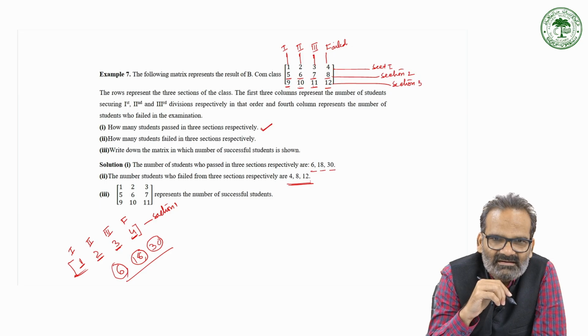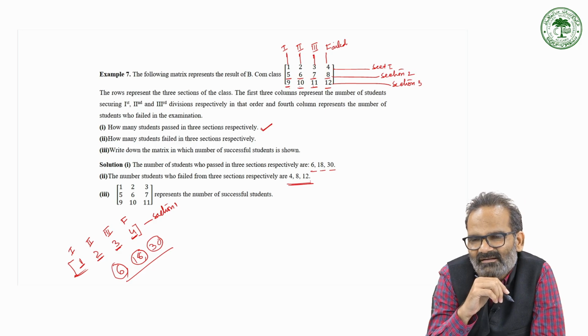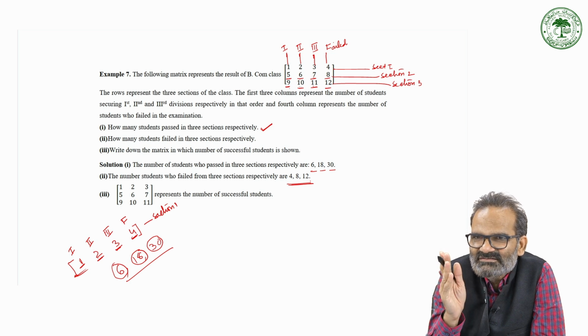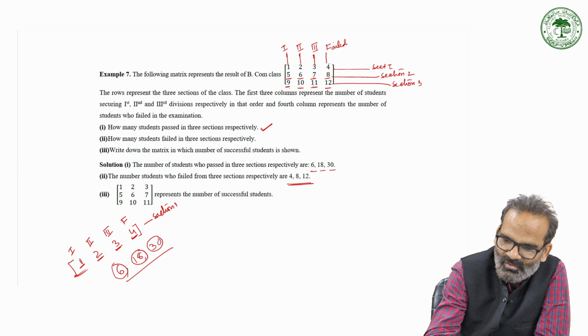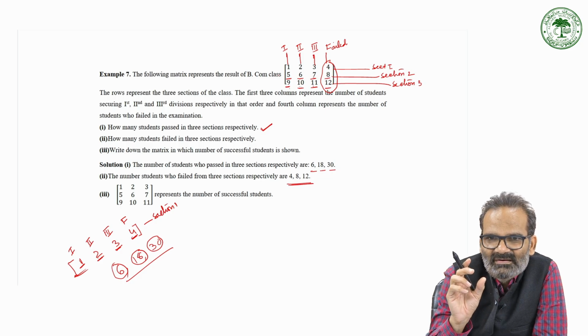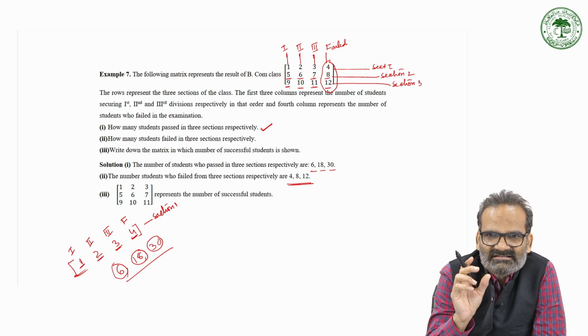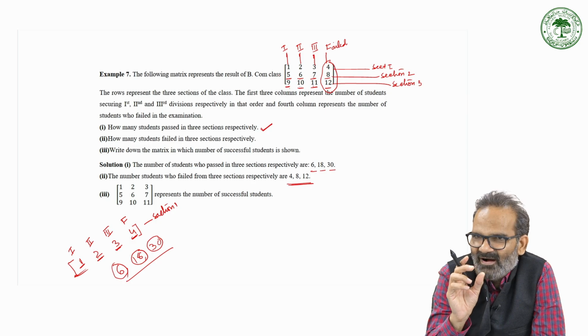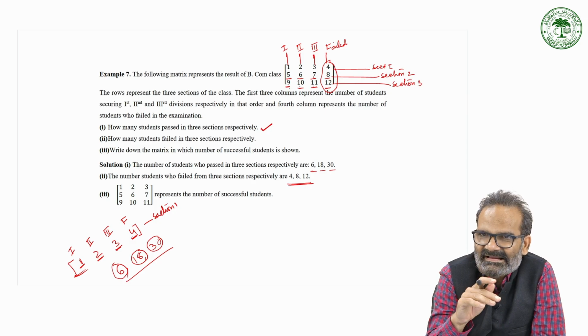Part 3 is what? Write down the matrix in which the number of successful students is shown. So, the number of successful students means delete the number of students who failed. So, if we delete the 4th column from the matrix, the remaining matrix will represent the number of students who successfully passed, whether they are getting first, second, or third.